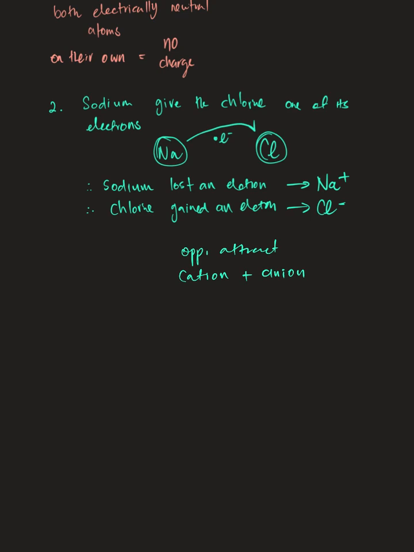So what I'm going to end up with is I have this Na plus here, and I have a Cl minus here. And because they're going to be attracted to each other, I'm going to be stuck with NaCl as a full compound. So I end up now with sodium chloride.